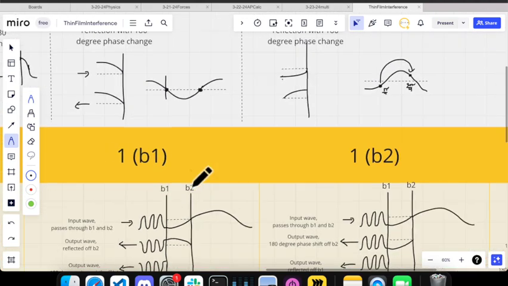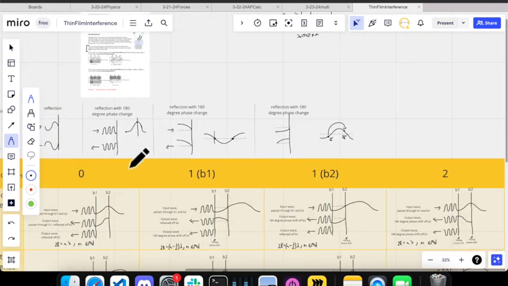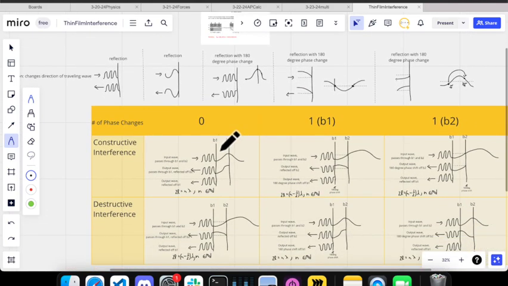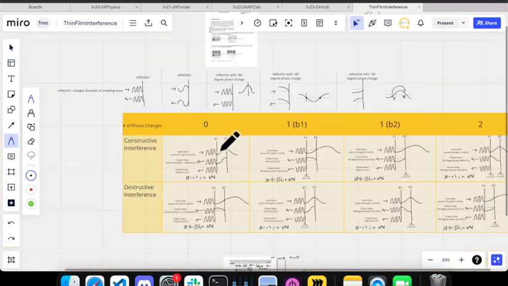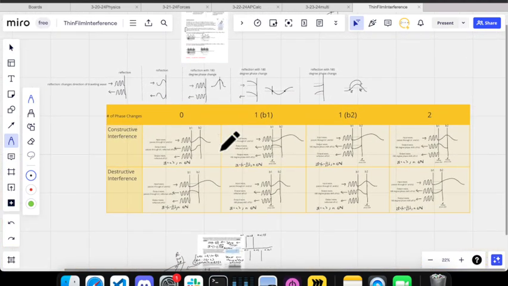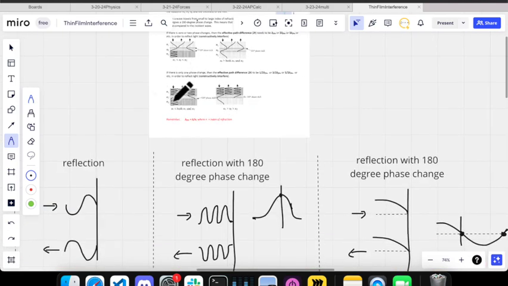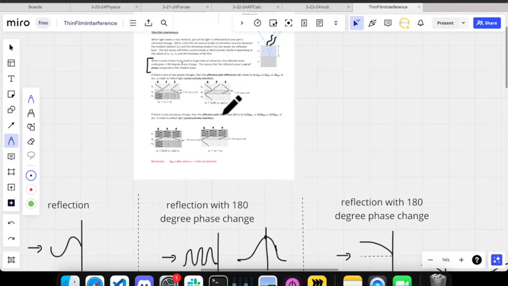All right, so assuming you've got a handle on all this reflection and phase change stuff, we can now ask, what are the scenarios where we'll get constructive and destructive interference? I've set up this table to look more in depth into all these cases, because the cases they show don't consider every scenario, and it's not clear actually.